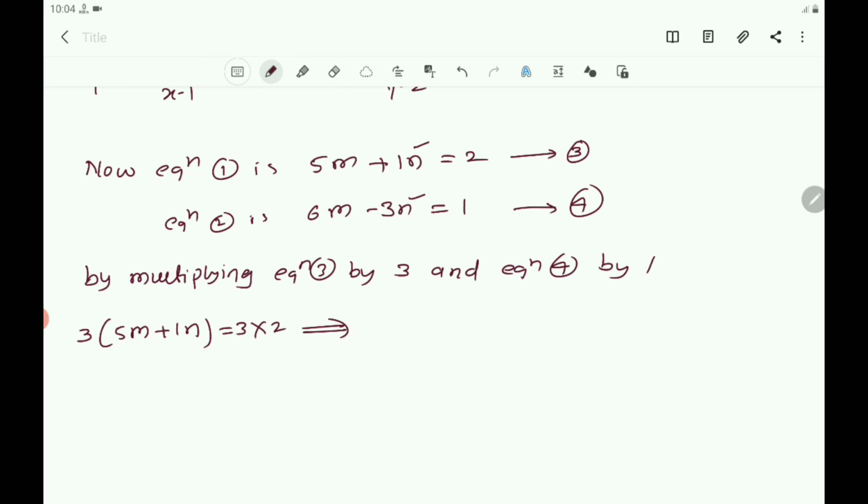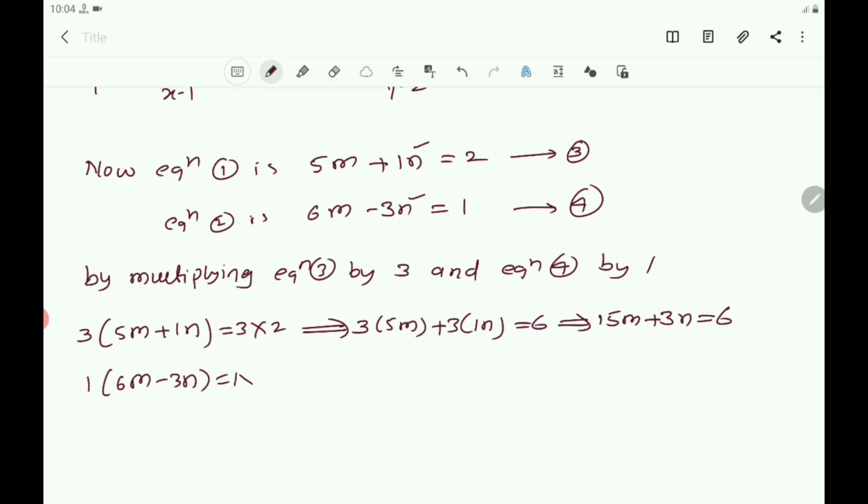That becomes 3 into 5m plus 3 into 1n is equal to 6. That implies 15m plus 3n equals 6. You got it here. Now the fourth equation is 1 into 6m minus 3n is equal to 1 into 1.